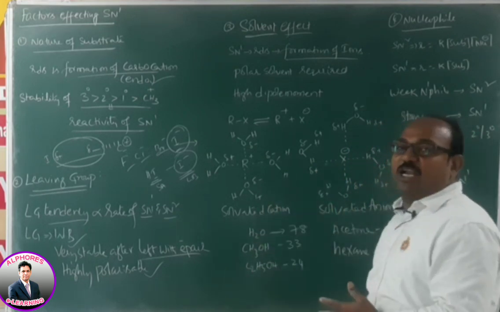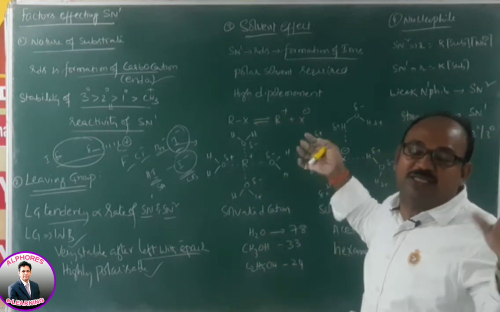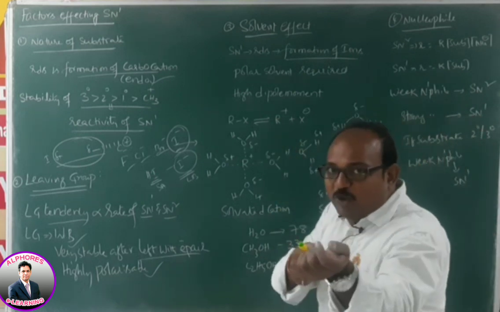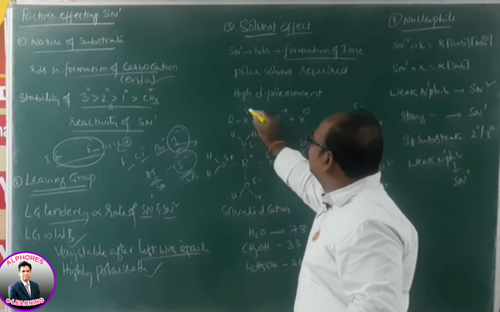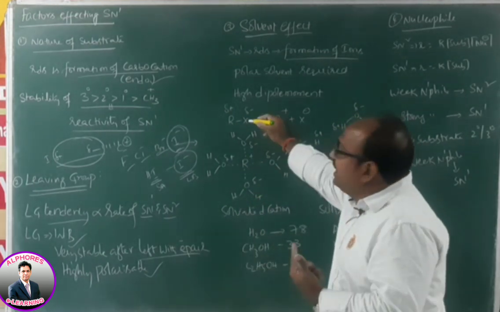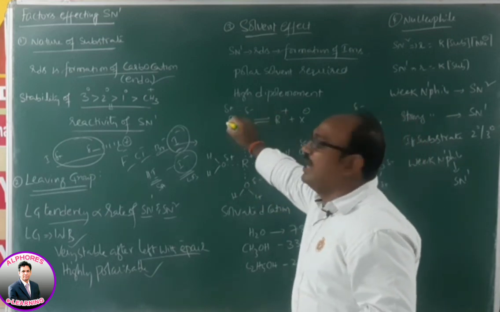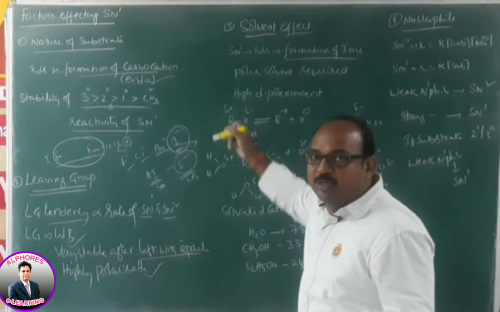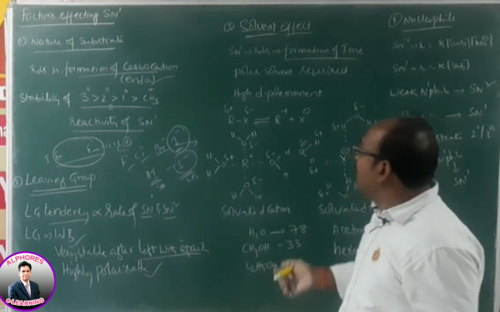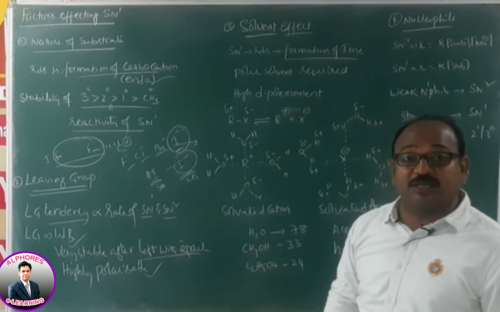In the previous session we already discussed that direct breaking into R plus and R minus won't happen. Initially, X pulls its bond pair of electrons, and there is a formation of partial negative charge and partial positive charge. Slowly the negative charge on the halogen or leaving group and the positive charge on the leaving group containing carbon develop, and with the increase in charge, the electrostatic force of attraction increases.